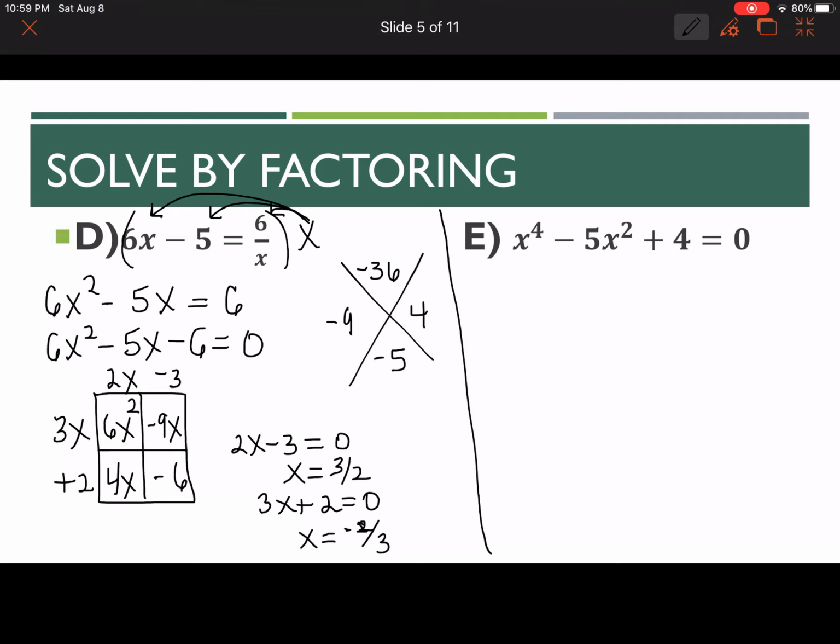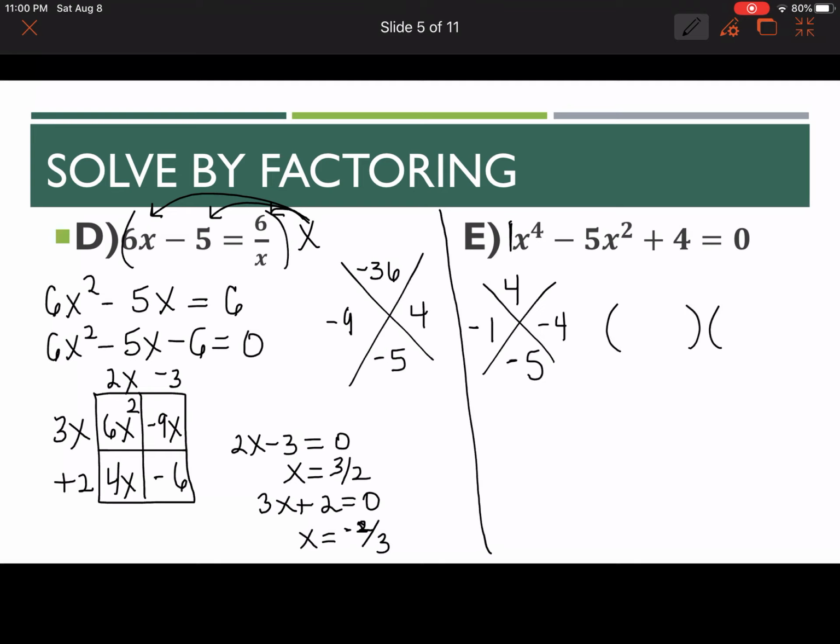So what we're going to do, however, is just like before, we're going to find our two numbers that multiply to be a times c and add to b. So they multiply to be positive 4 and add to negative 5. That's negative 1 and negative 4.